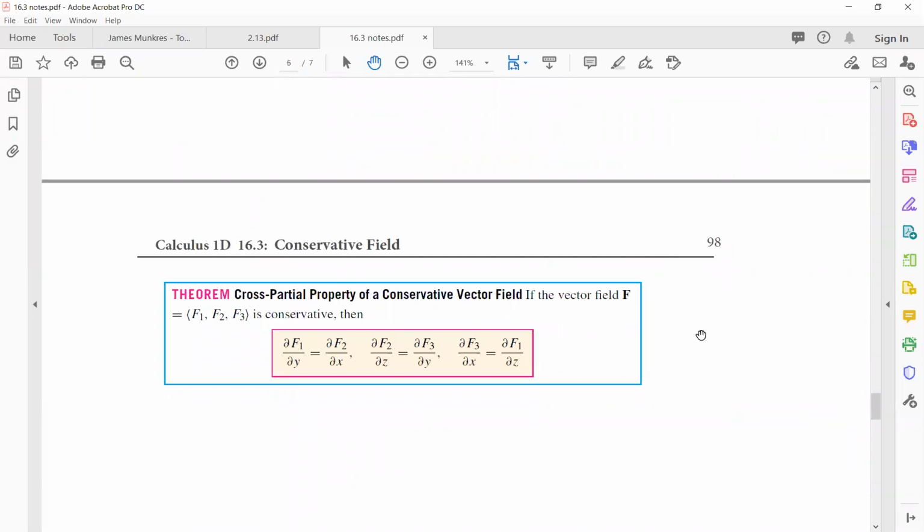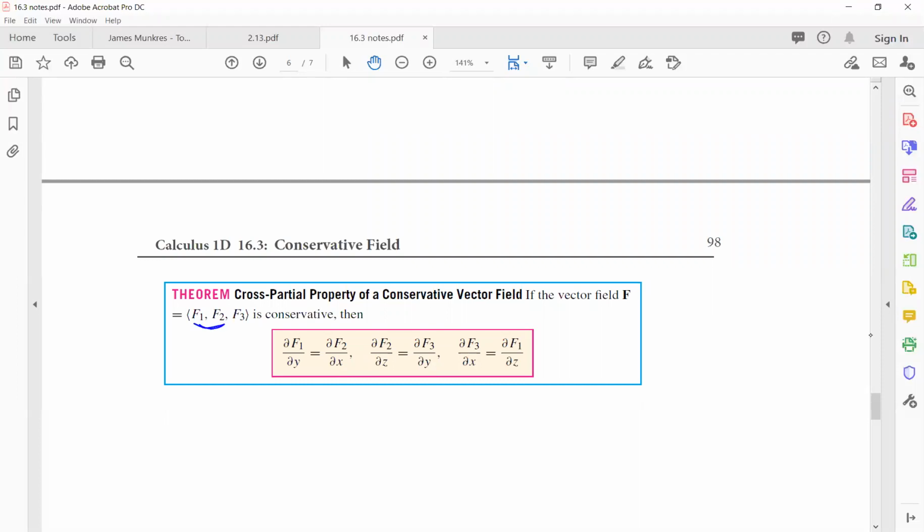Okay, perfect. Cross partial property of a conservative vector field if this vector field has 3 components. If vector field like F is conservative, then partial derivative of the first component with respect to y is the same as partial derivative of the second component with respect to x.